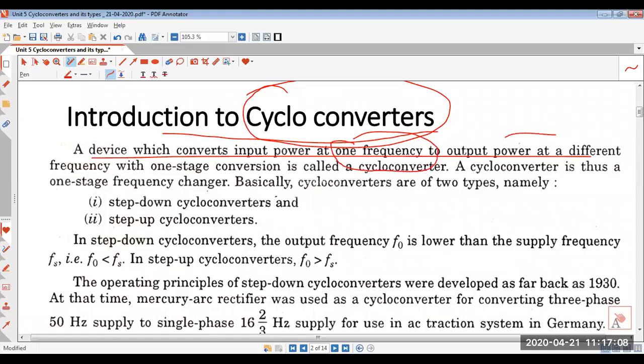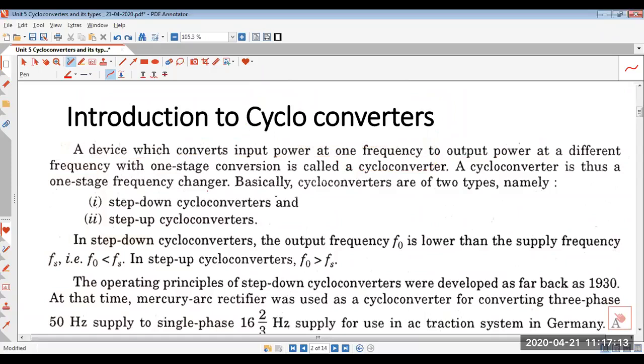Indirectly, the meaning of this statement is the same, that a cycloconverter is a frequency converter. Conversion to a different frequency with one stage conversion is called a cycloconverter. One stage means this conversion takes place in a single stage only, not in multiple steps. So a cycloconverter is thus a one stage frequency changer. This is another name of this particular circuit.